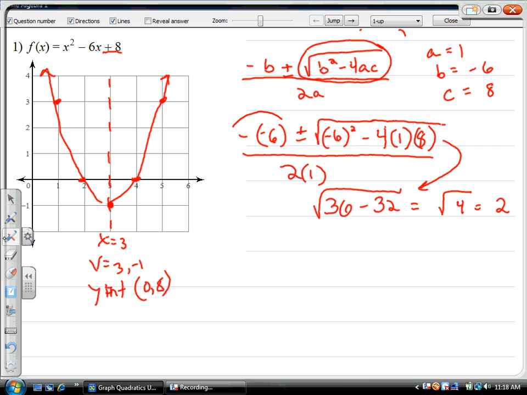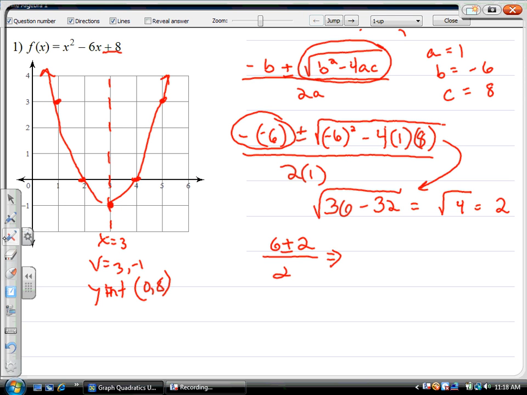Okay, so what do we got? I'm going to take care of this now. Negative negative 6 is going to be positive 6. So we have 6 plus or minus 2, all over 2. What does that mean? Well, this means basically we have 2 points where y is equal to 0.